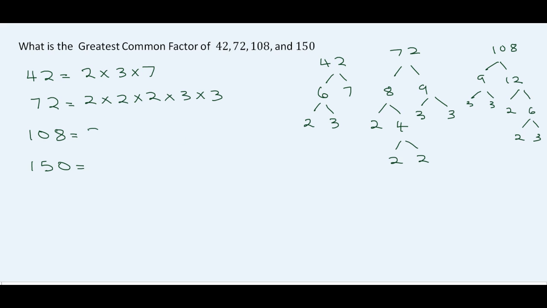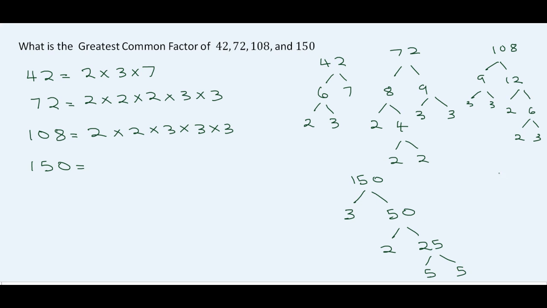So we have 2 multiplied by 2 multiplied by 3 multiplied by 3 multiplied by 3. Now 150. We have 3 and 50. 50 we have 2 and 25. We also have 5 and 5.